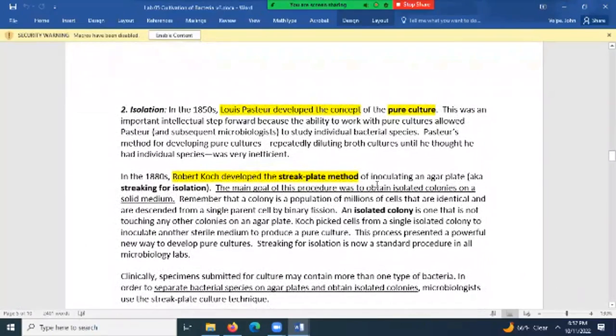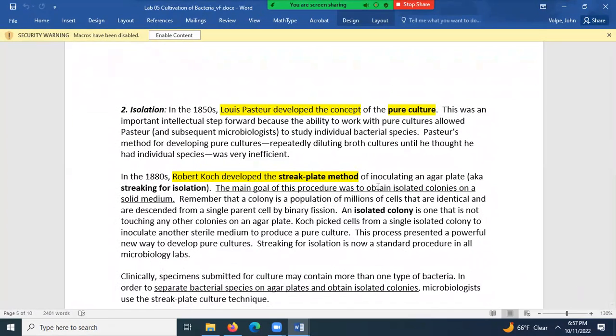You then isolate what you have growing. And Louis Pasteur first developed the concept of a pure culture. What he did was he used limiting dilution of broth cultures. And so he'd make several different dilutions, maybe 10 of them, and you would then take 10 replicas of each dilution.